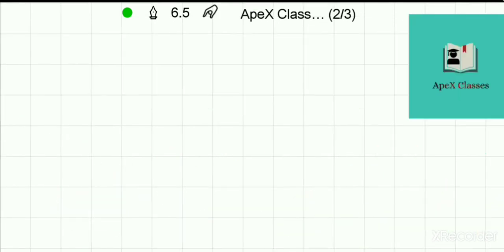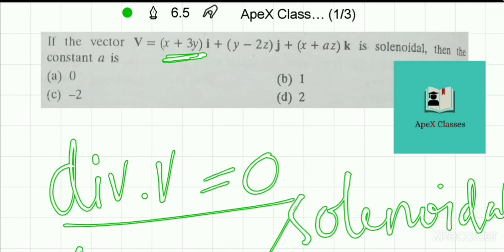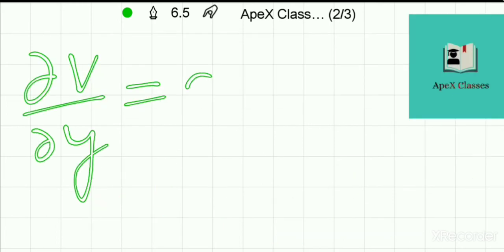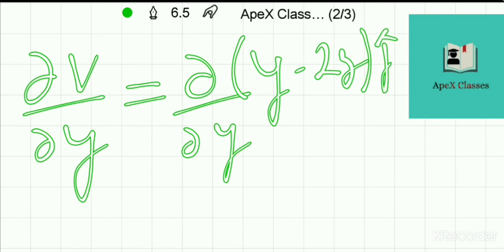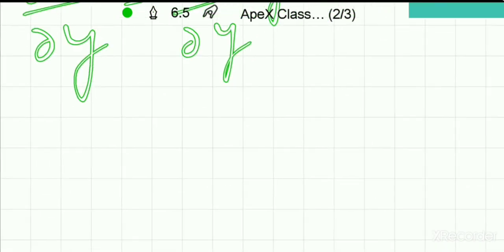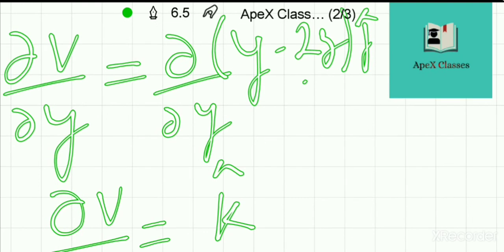Now again, for calculating del v upon del y, we will write only those terms from this vector v which contain only j cap, which means the second term. So this will be equal to del upon del y of (y − 2z) j cap. On solving this, we will get del v upon del y is equal to j cap, because the second term is minus 2z and it does not contain y, that means its differentiation will be 0.